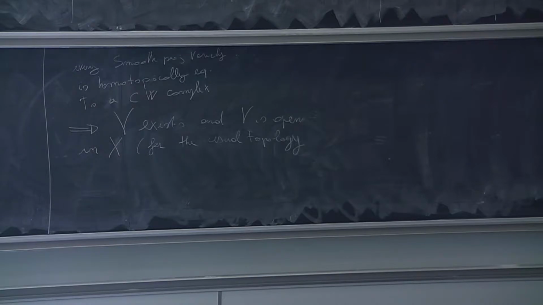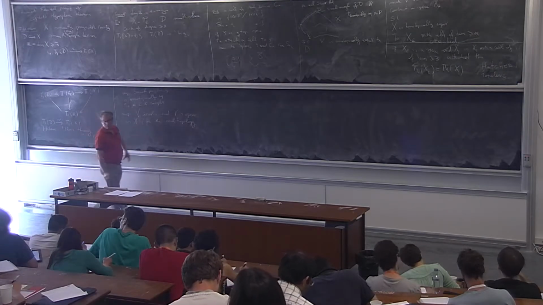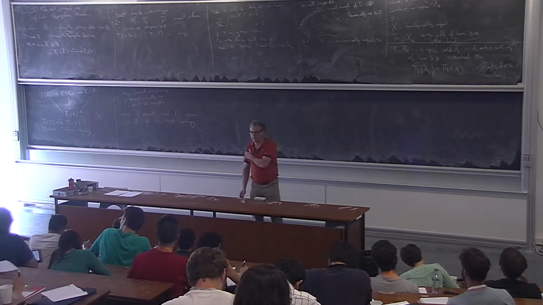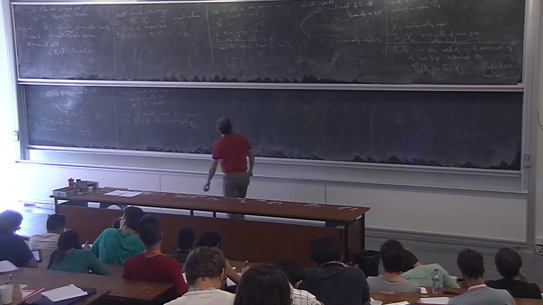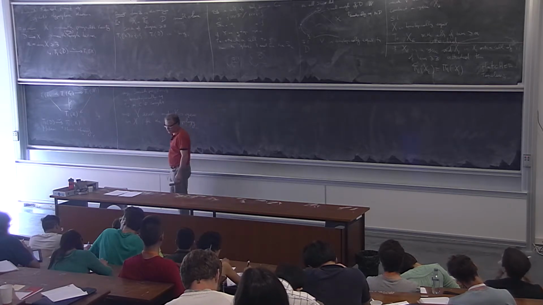By the way, a good reference for this proof is Milnor's book, Morse Theory. So V is easy to construct. And now I should recall.